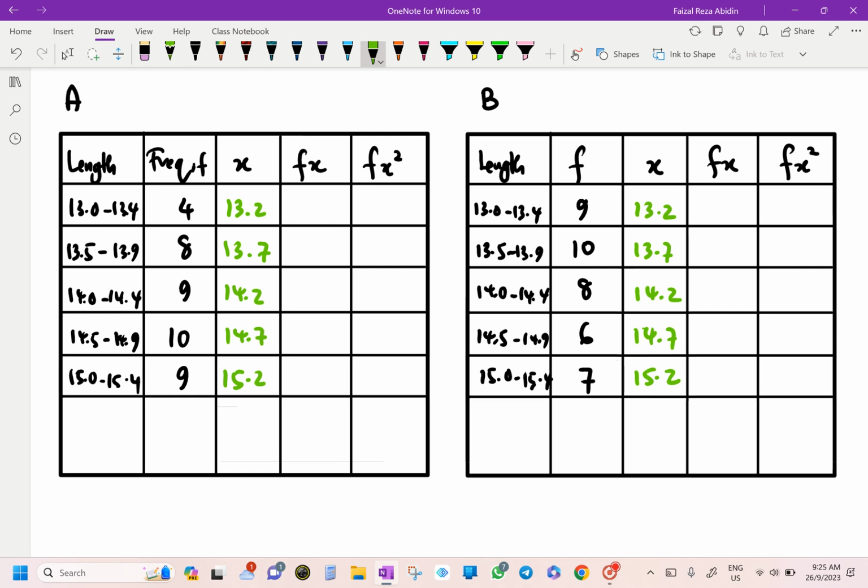Is it going to be the same with our F times X, the frequency times the midpoint?